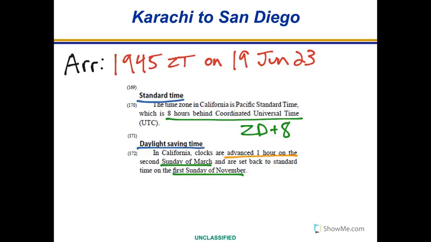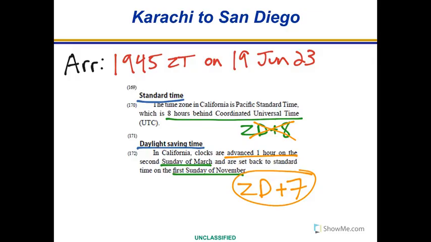So that means that our clocks will be already advanced 1 hour, which means for this time, we're actually not going to be keeping ZD plus 8. We'll be keeping ZD plus 7 because that is daylight savings time.